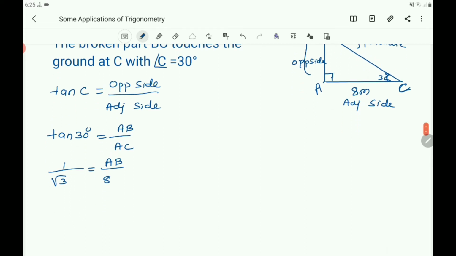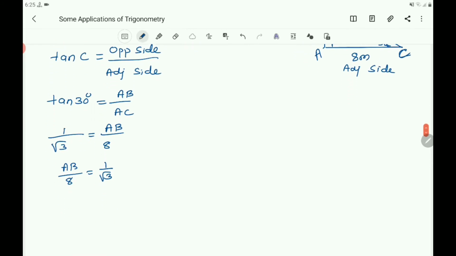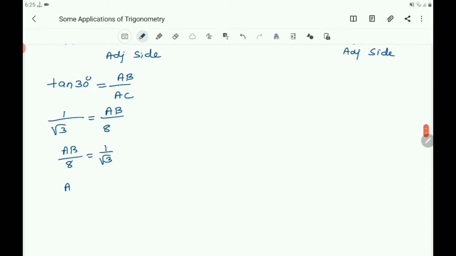Then you can write, exchange the LHS and RHS so that AB is in the LHS. AB by 8 equals 1 by root 3. Then you will get AB equals 8 by root 3. Consider this as the first result.